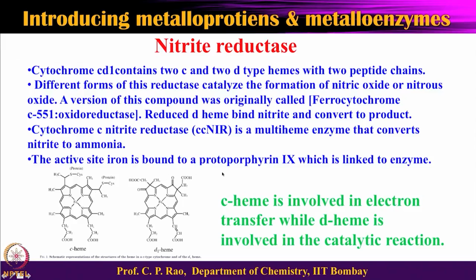Obviously, this will differ in the way its redox potential lies. The redox potentials of C versus D are going to be different, and as you can see, C is involved in electron transfer while D is involved in the catalysis, where the NO2 binds and then further reduction or catalysis takes place.